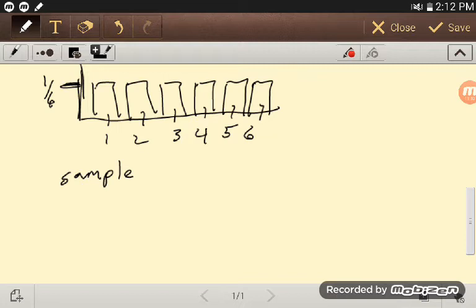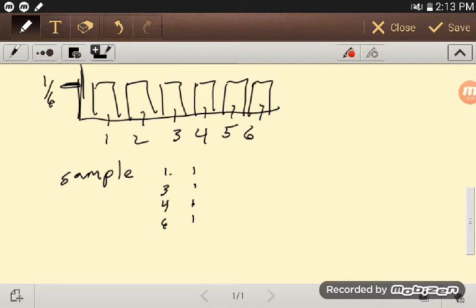And in my sample, what I might get is that maybe I got a 1, a 3, a 4, and a 6, like that, and I rolled it 4 times. I got each of those once. Now, actually, that'd be great. You know, if I did that, that would be kind of what I might expect in rolling a die 4 times, because I would kind of expect to see each of these numbers the same amount of times.